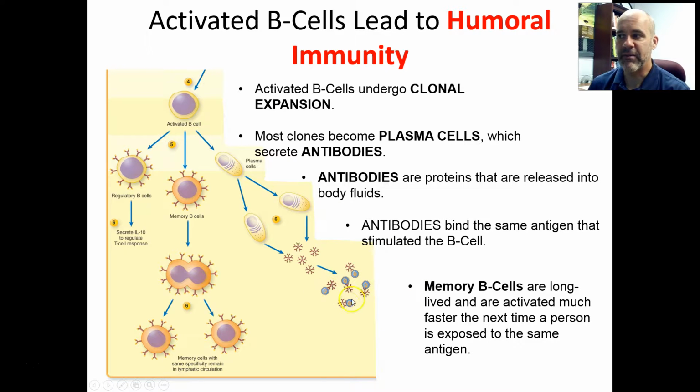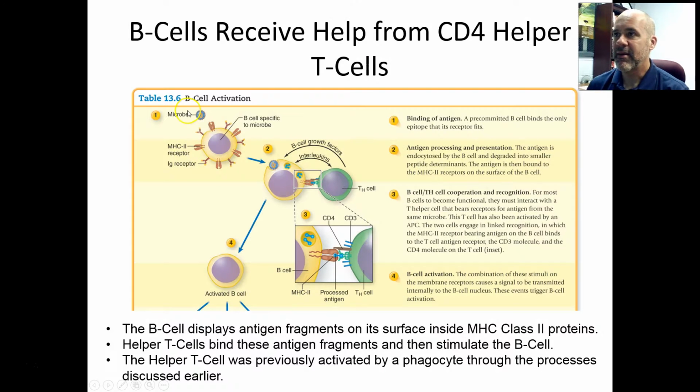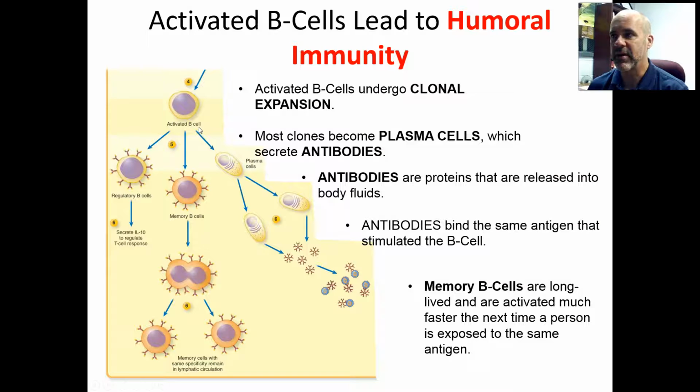So here's our little generic virus, and the antibodies are attaching to the same molecule that attached up here to the B cell receptor originally. So you're making very specific weapons that are going to attach only to the microorganism that stimulated that B cell in the first place.